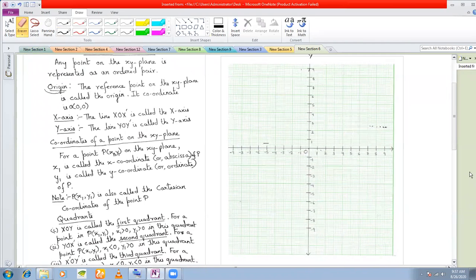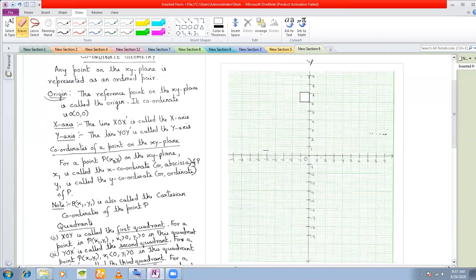So let's label this once again. This is my y, this is my x, this is x dashed, and this is my y dashed. This point here is my origin, the point of reference.